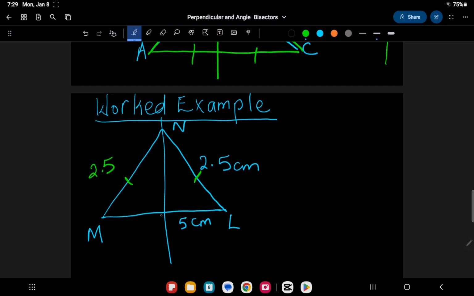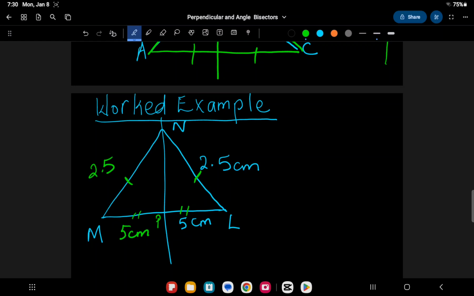Also, let's label this point P. If PL is 5 centimeters, then what will be the distance of MP? It will also be 5 centimeters. So once you have that perpendicular bisector, the two sides are equal.